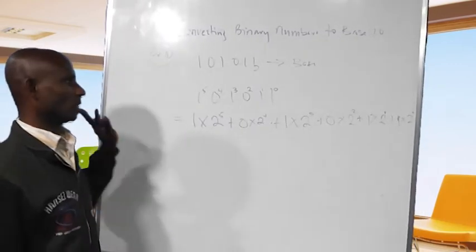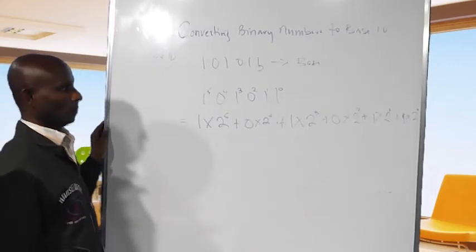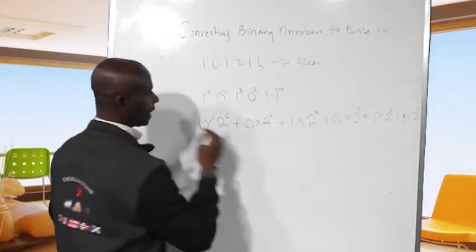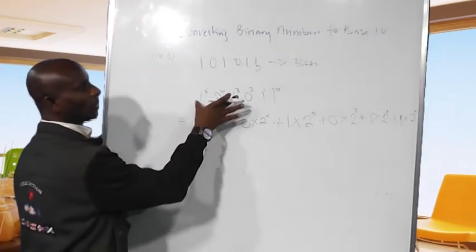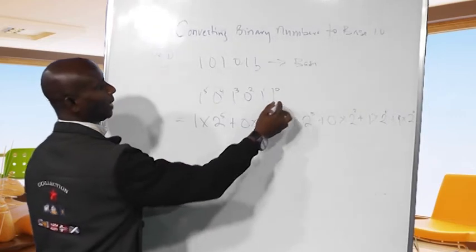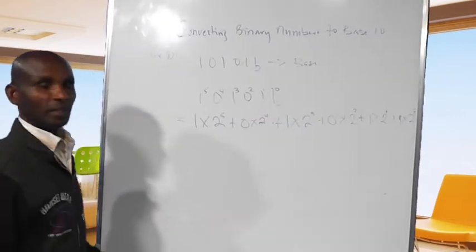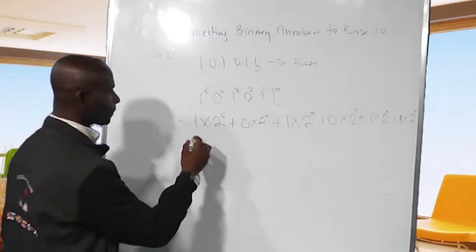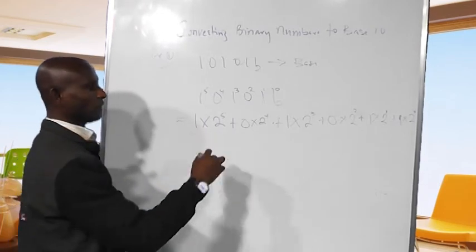That's how you arrange it. Now you sum all this or simplify this before you can have this base 2 number equivalent to a base 10 number. Now 1 times 2 to the 5th power.